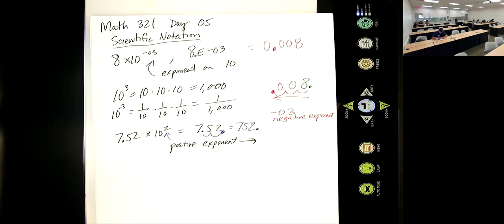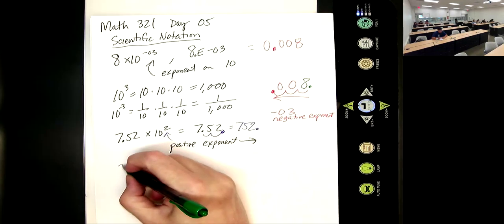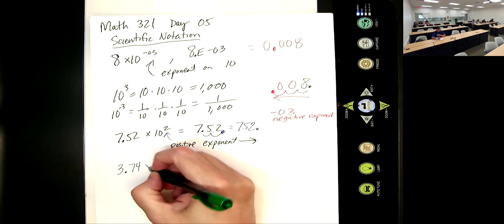I don't think you'll see positive exponents in here. I'm pretty sure you'll only see negative exponents. We could have something like 3.74 times 10 to the negative 4.